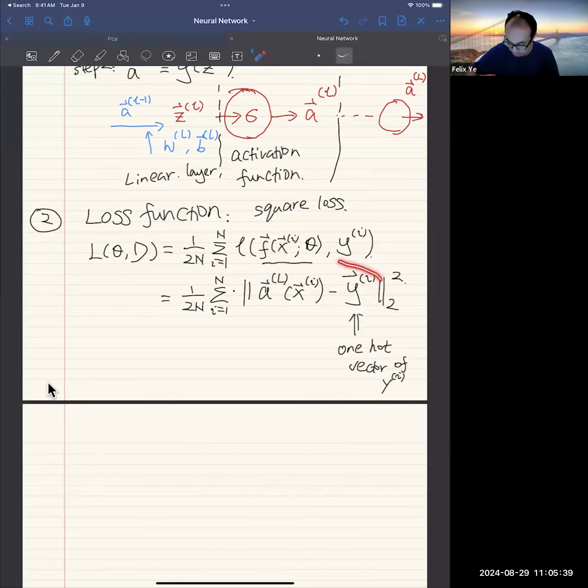So this is the one hot vector of the true label of y_i, and this is the network output. I want these two things to be as close as possible. If they are close, my loss function will be small as well. All right, so this is the whole point.